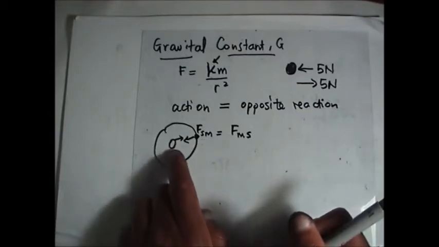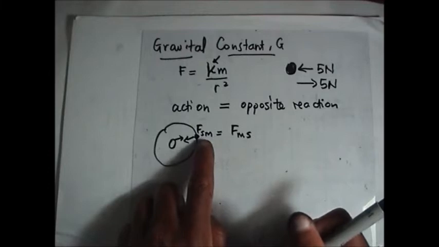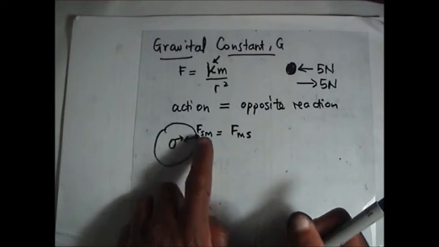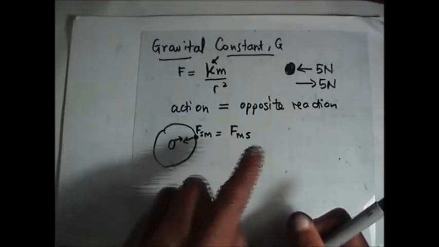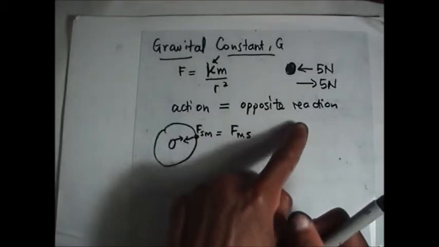If the sun is attracting the moon with a force FSM, it basically means the moon is also attracting the sun with an equal and opposite force, because for every action there's an equal and opposite reaction.